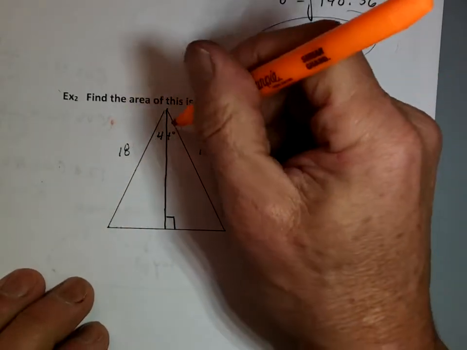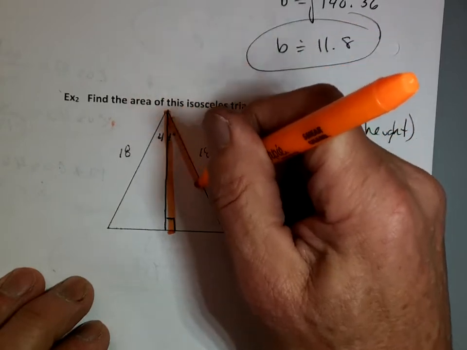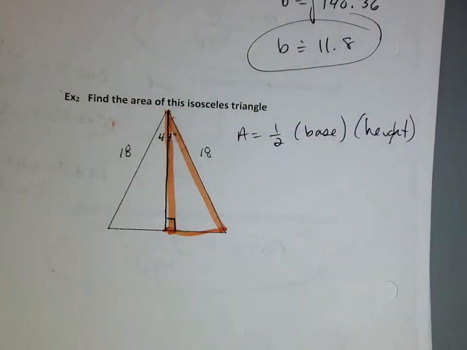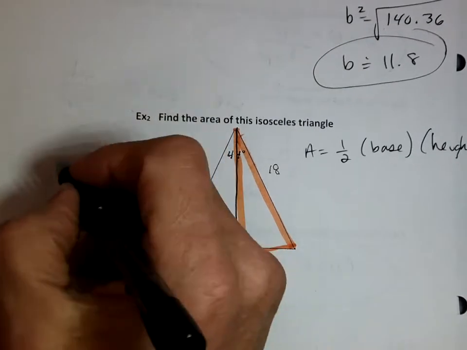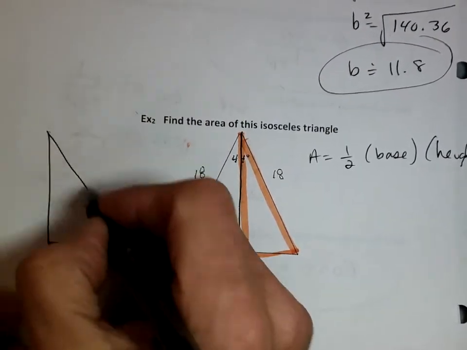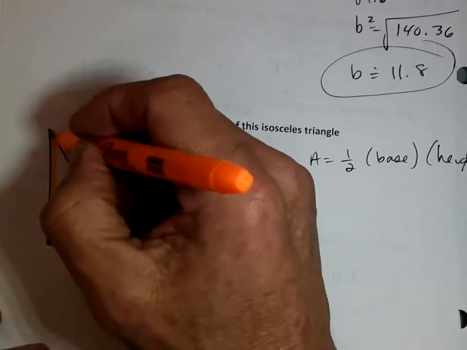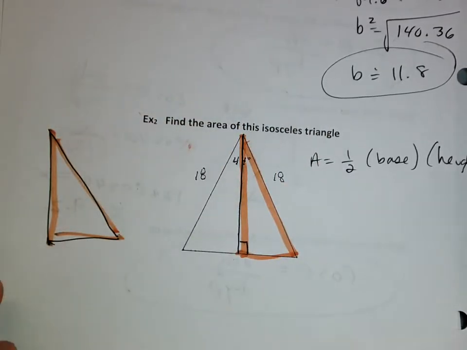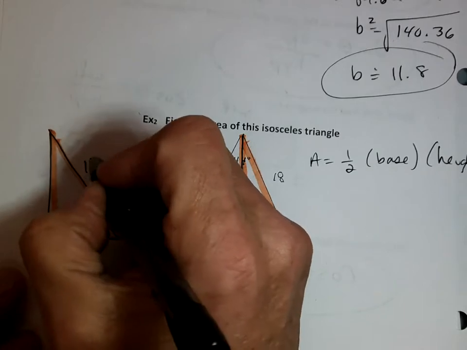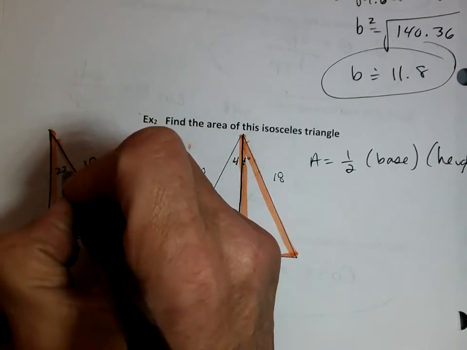Now I want to find the height, so let me superimpose this triangle over here and draw it over again. Here's what I have. This is 18, and this is 22 degrees, okay?